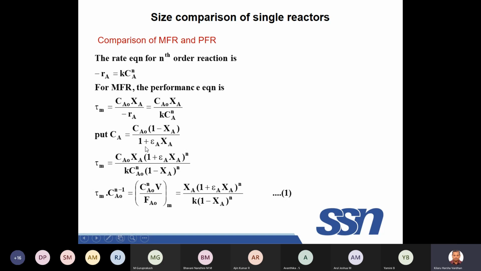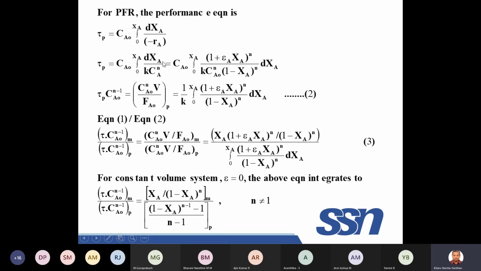If you substitute this, you land with this kind of expression, and if you rearrange it and consider only liquid phase reactions, then epsilon A will go to 0, and you land with a simple equation.